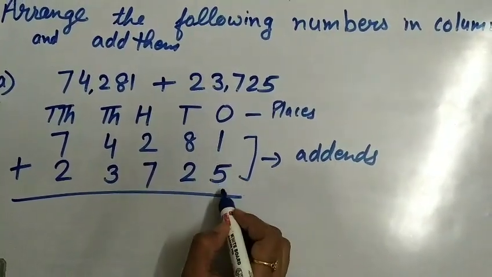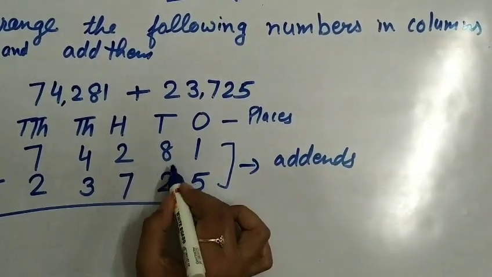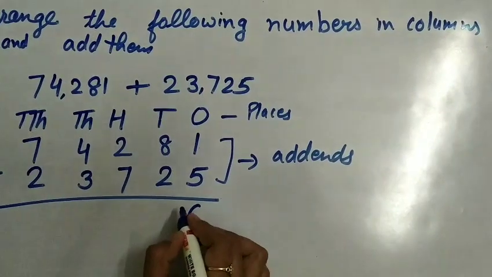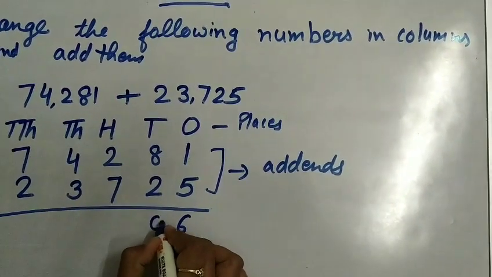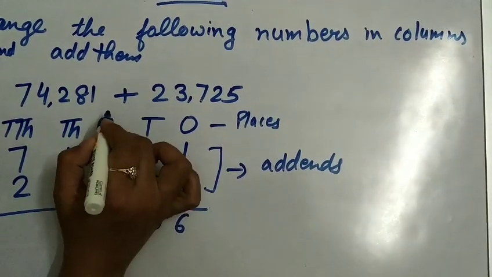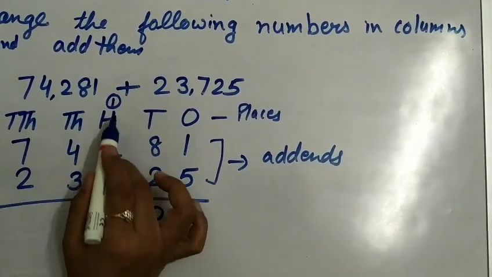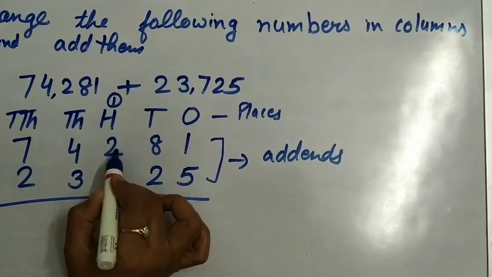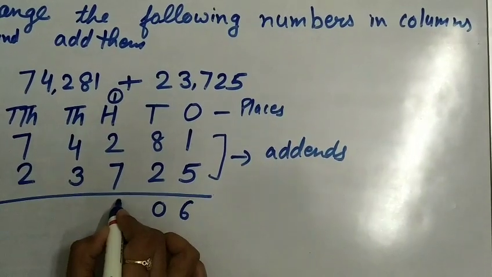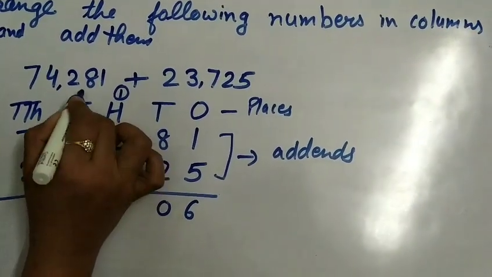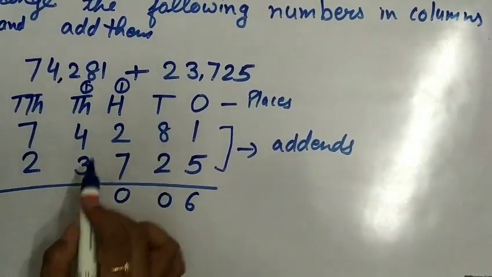See, 1 and 5, 6. 8 and 2, 10. So I will write 0 here and 1 will be carried to the hundreds place. Then 1 and 2, 3. 3 and 7, it's again 10. I will write 0 here and 1 will be carried over to the thousands place.